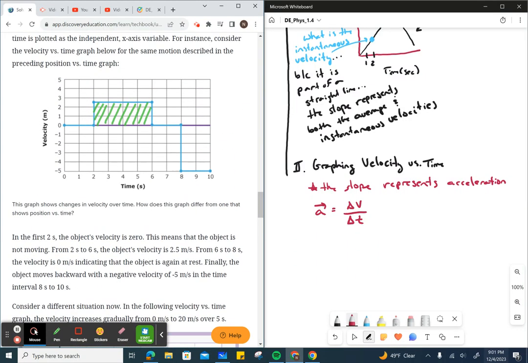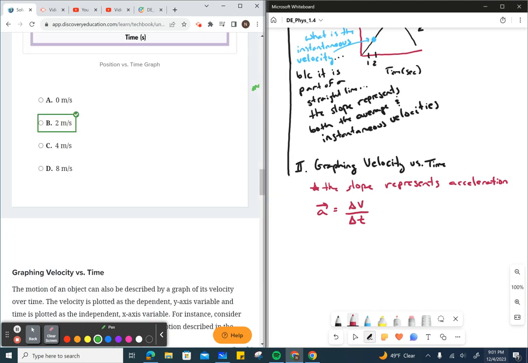So what does this represent? The area represents displacement.